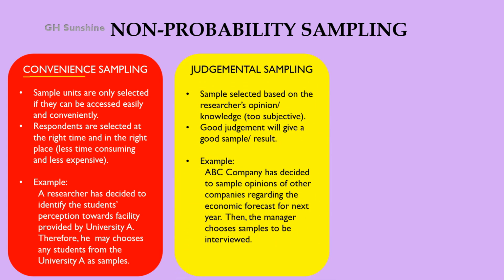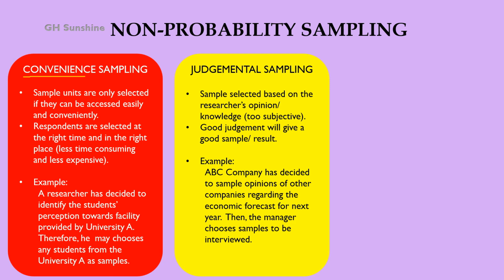Next is judgmental sampling technique. The sample will be selected based on the researcher's opinion, knowledge, and judgment. So it is too subjective for judgmental sampling. Therefore, good judgment will give a good result.